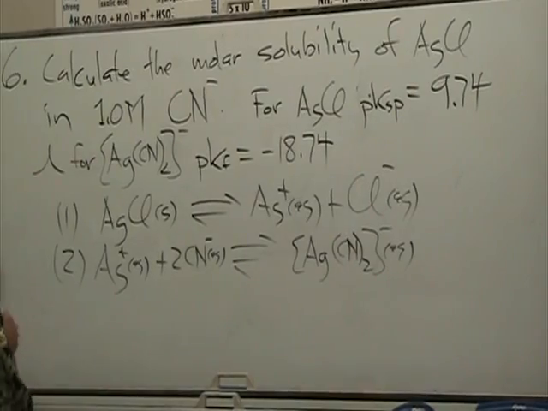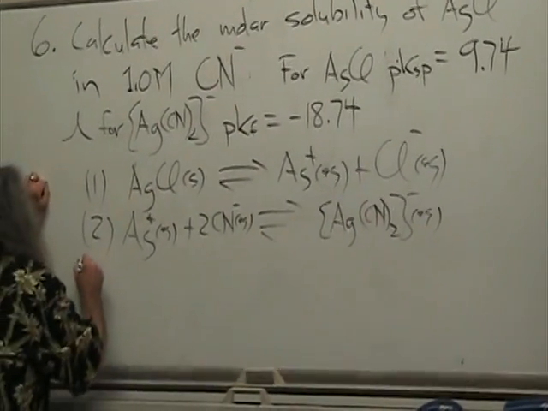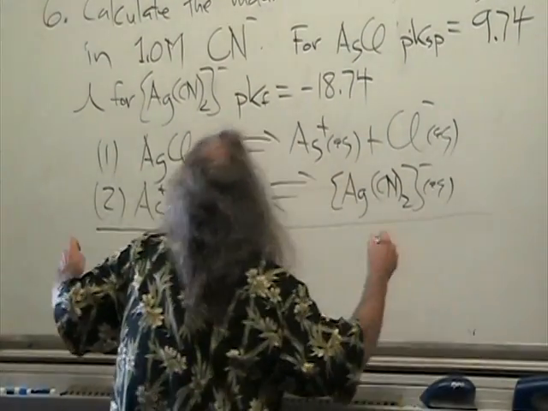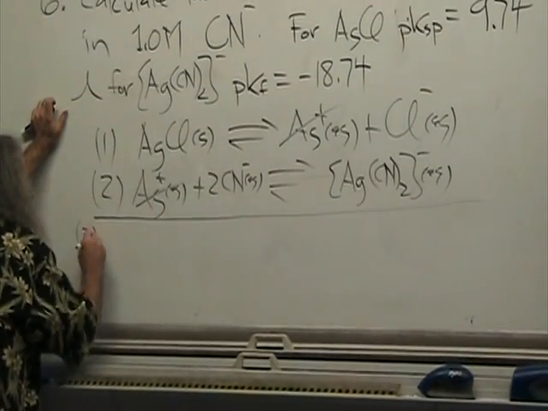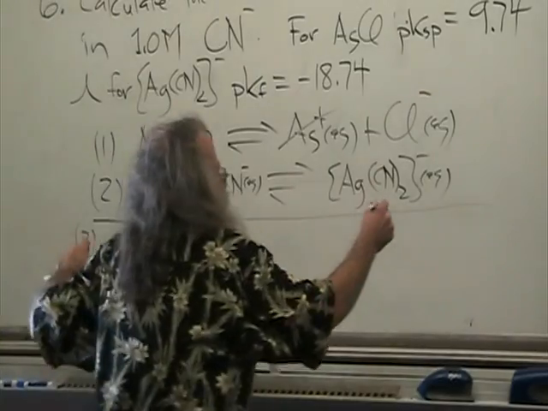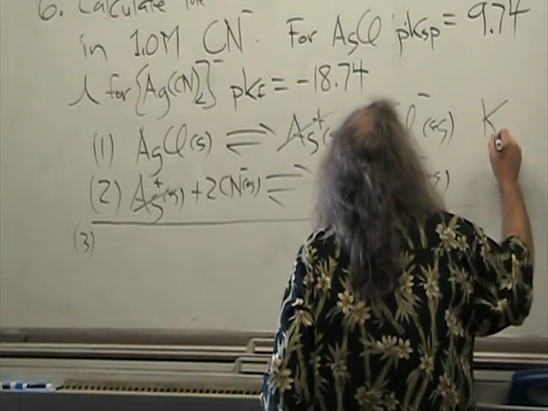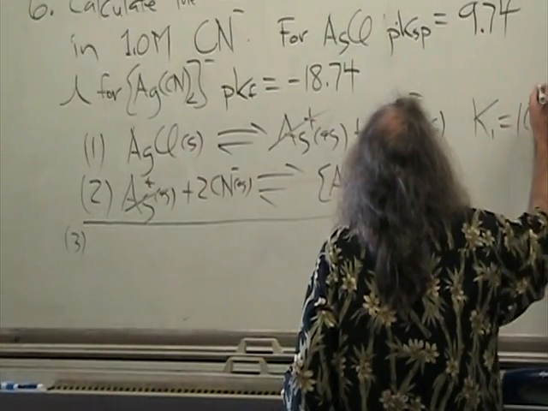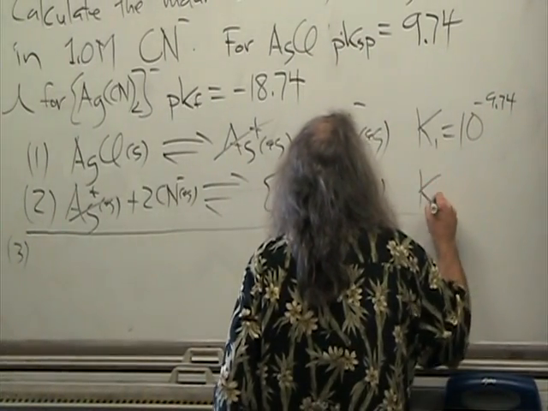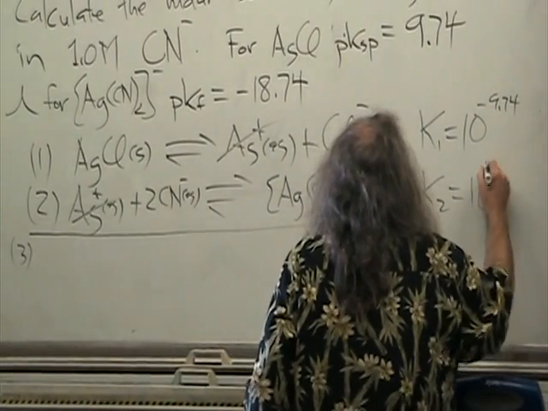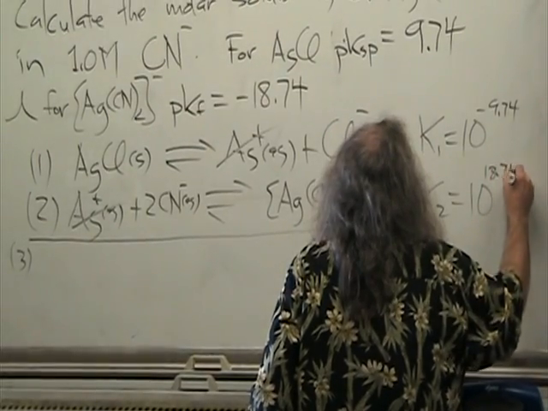Now I'm going to couple those 2 processes together. Silver drops out. I end up with reaction 3, K1 equals 10 to the minus 9.74, K2 equals 10 to the 18.74.